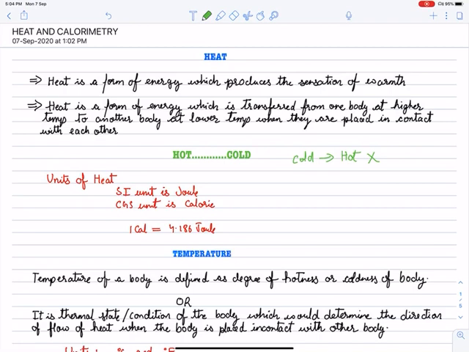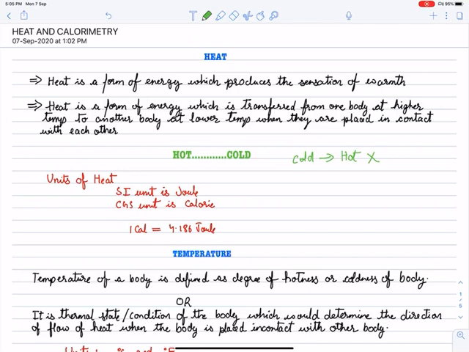Now, every quantity in physics should have a unit attached to it. How do we measure heat? The units of heat are joule and calorie. The SI unit is joule, which you can take as the standard international unit, and the CGS unit is calorie.